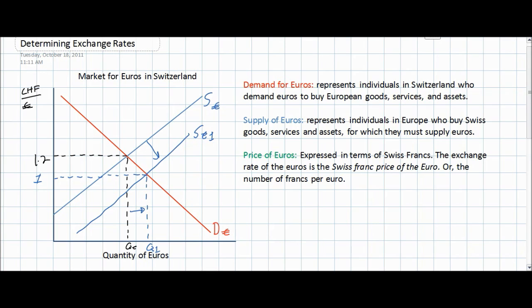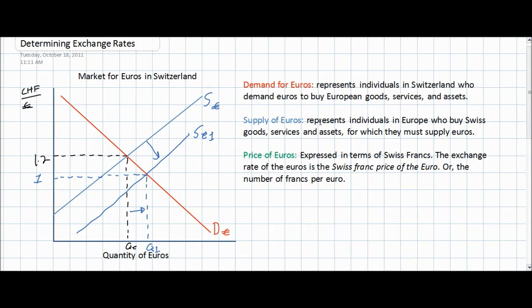Additionally, if incomes in Europe were rising more rapidly than they were in Switzerland, then European consumers, European households, would supply more euros in order to buy more and more Swiss imports in European countries. Any of these factors would cause the supply of euros to increase in Switzerland and the value or the exchange rate of the euro to fall relative to the Swiss franc.